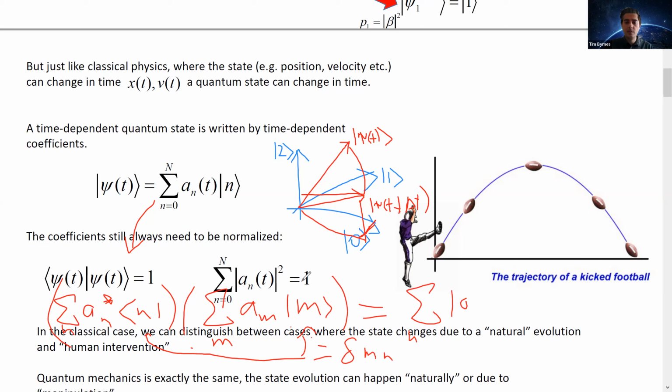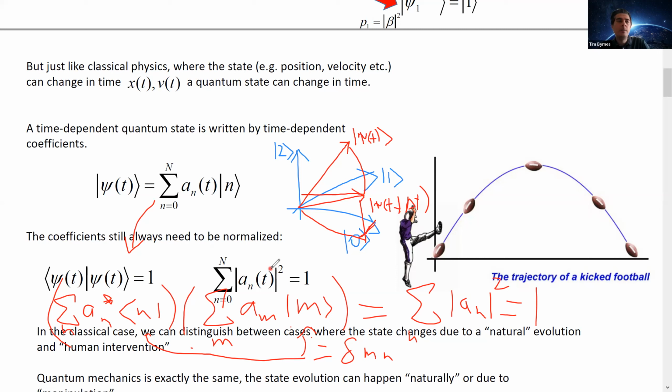So basically you'll have a_n star times a_n, and that gives mod a_n squared. So this thing should be equal to 1. So basically, this is how we include our time dependence.